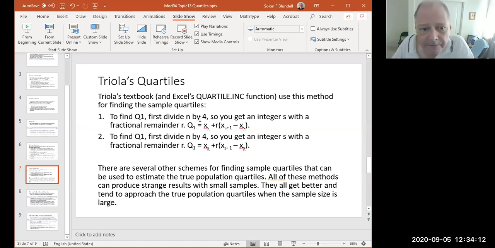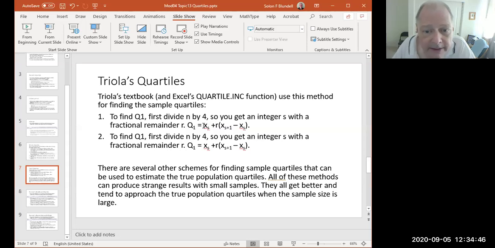And so to find Q1, you look at the whole number part of n over 4. So you do 27 divided by 4, and you get 6 and 3/4, 6.75.